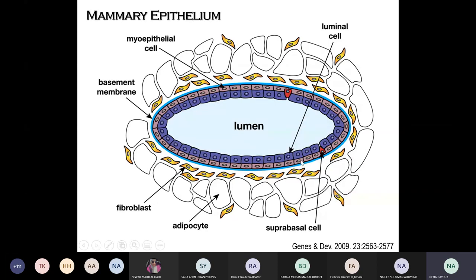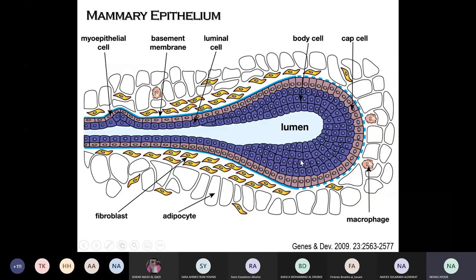If we look at the lobules, we also have the body, the luminal cells and the myoepithelium. The milk goes through the lobule and down the hallway to the duct and is eventually secreted. As we said, we have the basement membrane, immune cells, fat cells, fibroblasts, many different types of cells we can see in the stroma or the surroundings of the mammary epithelial cells.